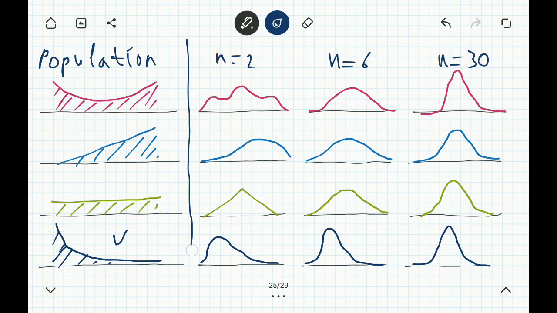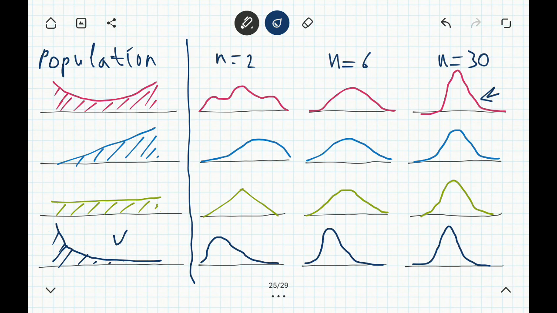So here you can see what the sampling distributions look like for different sample sizes for different starting distributions. And in the end, you can see that for a sample size of 30, it's almost ideal normal distribution. Well, my drawing is not perfect, so you might of course say, hey, this one is not a normal distribution, it's some strange crooked thing, but in truth it is almost normal distribution, and it's only my drawing that makes it look weird.